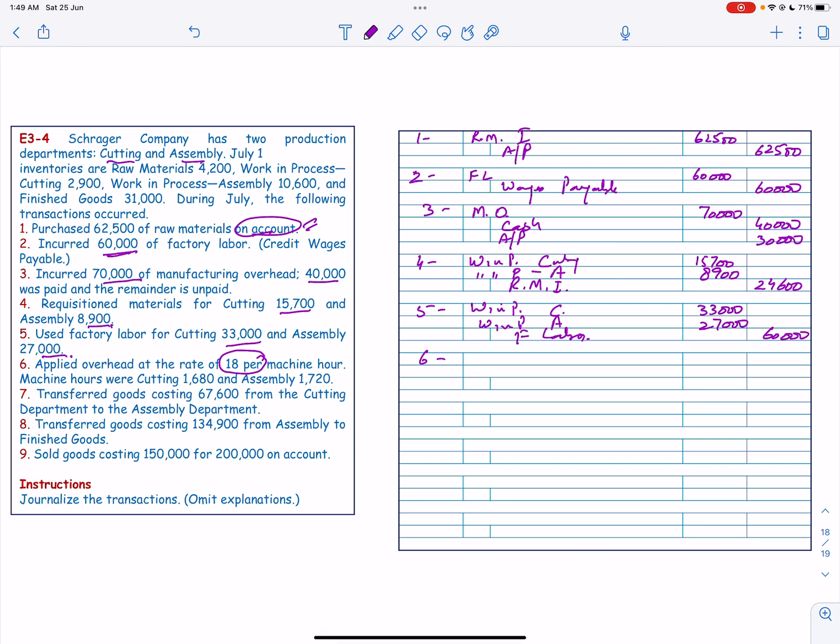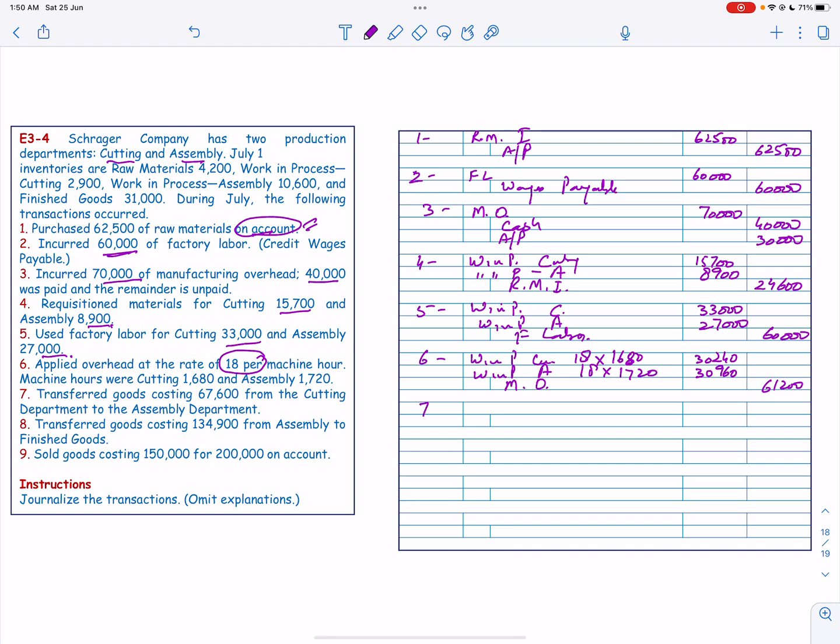So work in process cutting is debit by 18 times 1,680 and this will be equal to 30,240 and then work in process assembly 18 into 1,720 and that will be 30,960 and manufacturing overhead will be credited by 61,200.